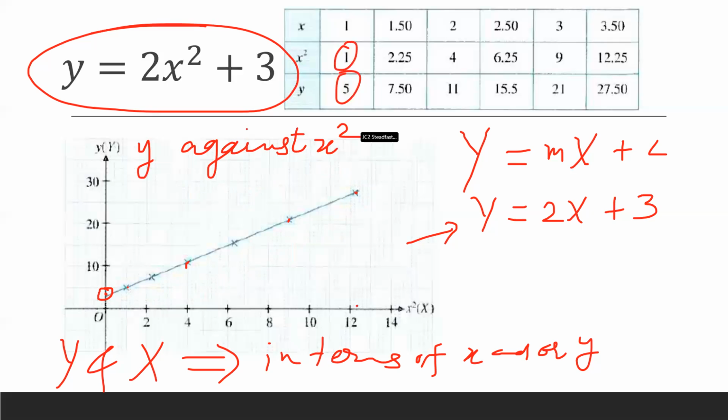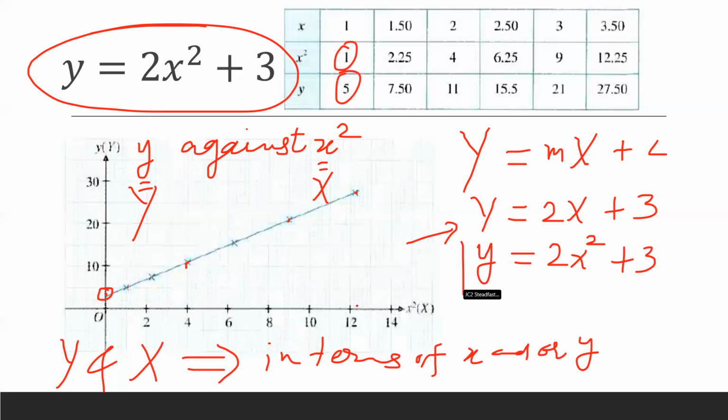It means your capital Y is this, and your capital X is this one, x square. So we just replace the capital Y with small y, and capital X with x square, plus 3, and that's the equation of the original graph.